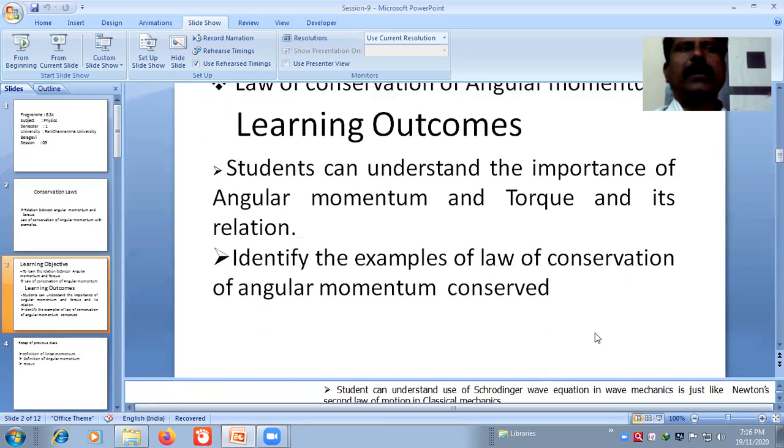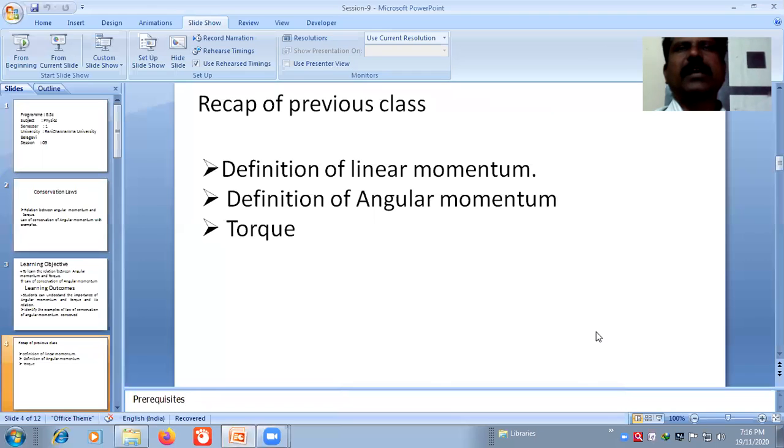so I have already told in a previous class what linear momentum is, as well as angular momentum, and another term, torque. So what do you mean by angular momentum?